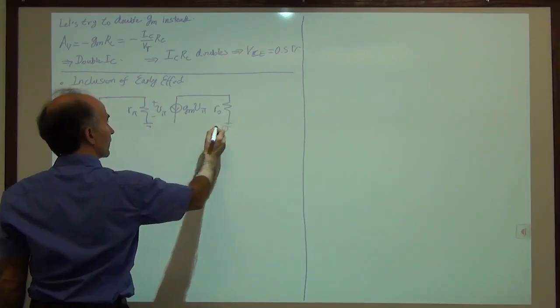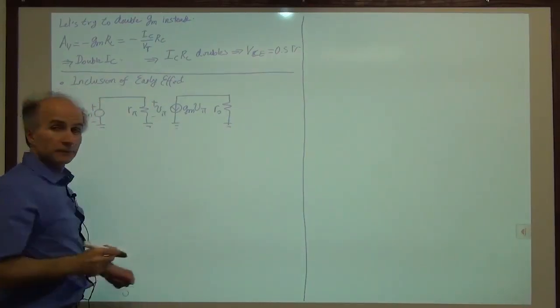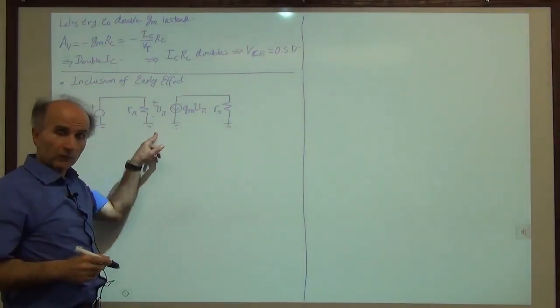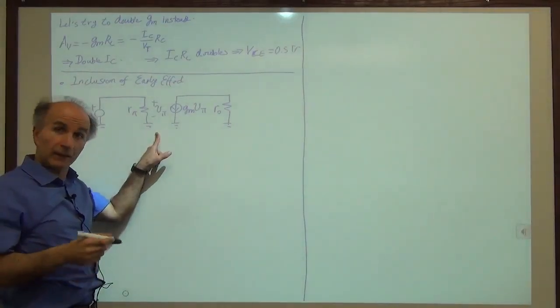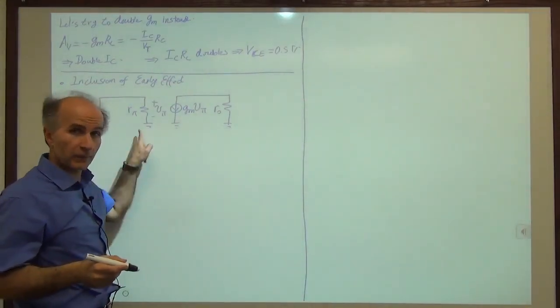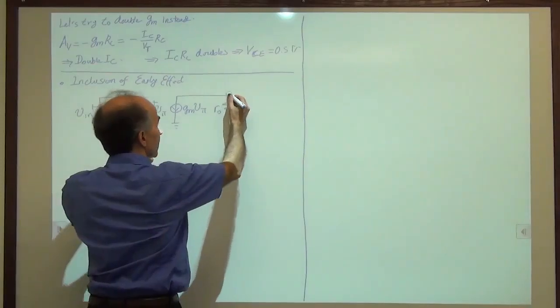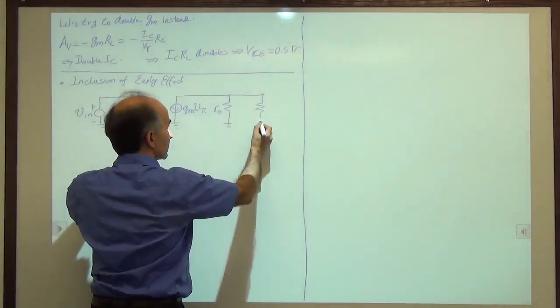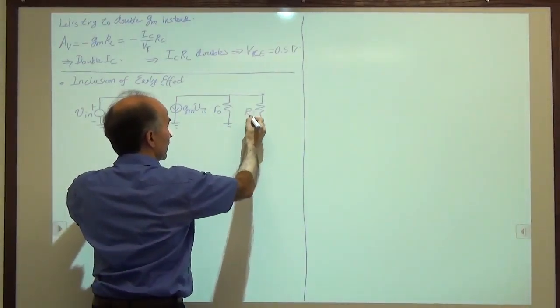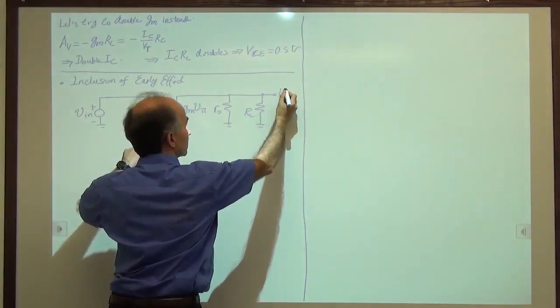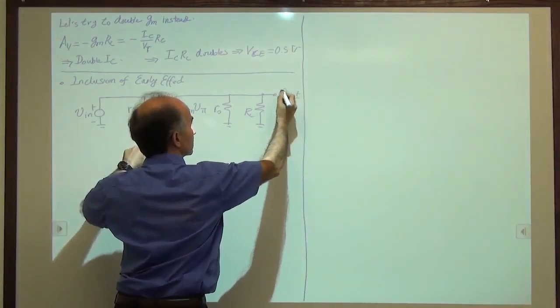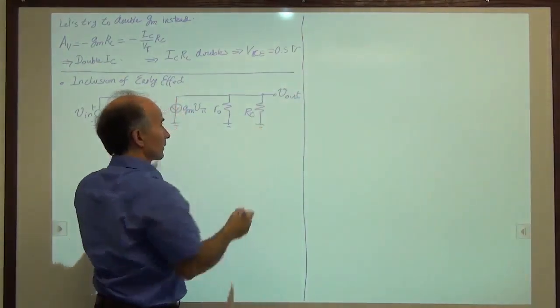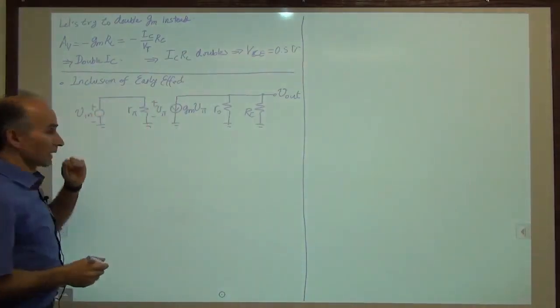These are all going to ground because the emitter of the device happens to be grounded in this example. That need not be the case all the time, but it just happens to be here. And then, of course, our collector resistor, RC, and then V out. So we still would like to find V out over V in.